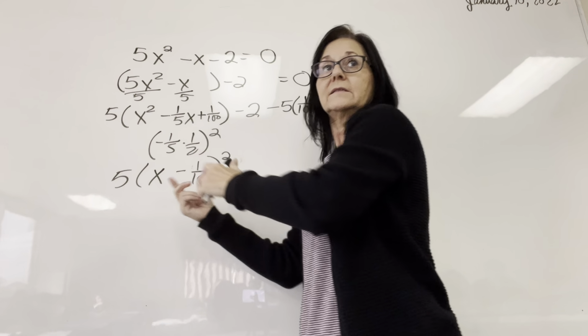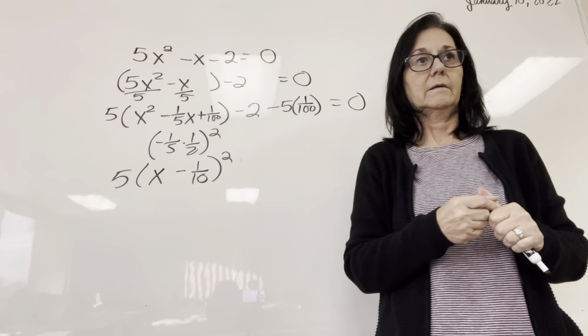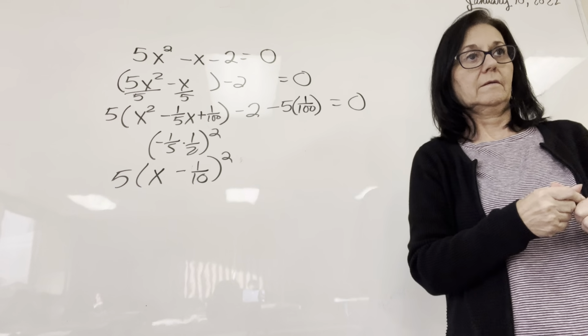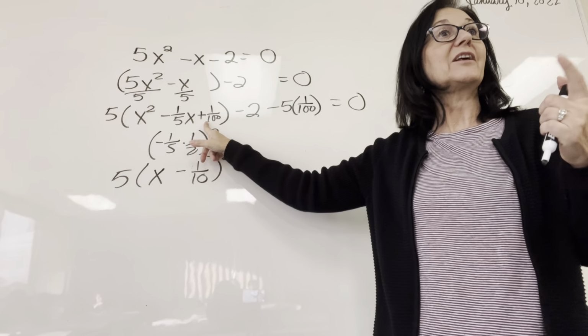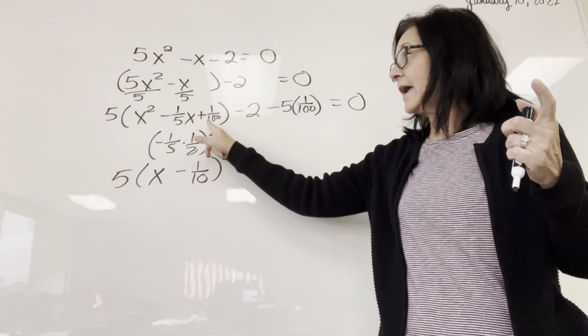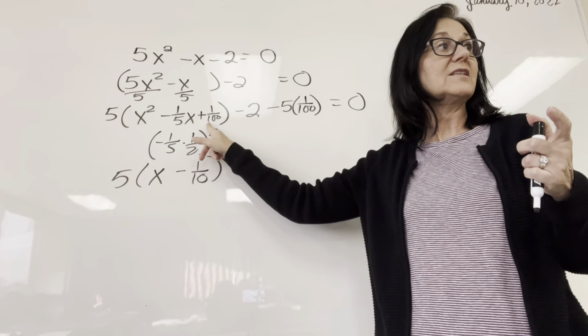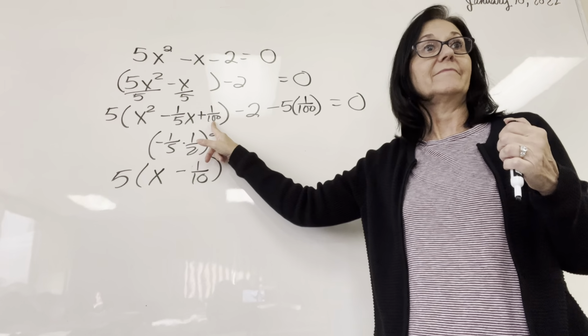A perfect square will never have 2 negatives. If it's x squared minus 1/5 x plus 1/100, this will always be plus, because when I square a negative, it's going to be positive. That's why this is always positive inside here.